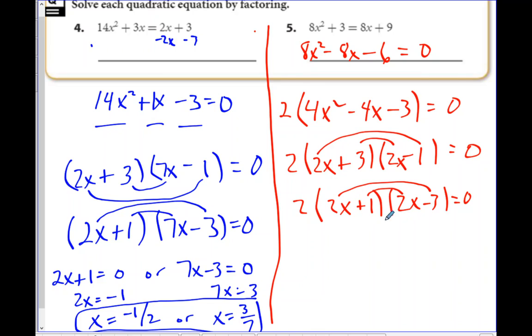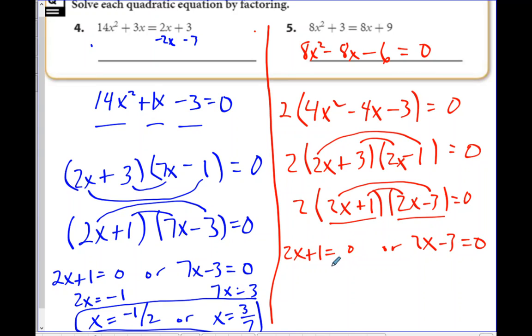Good. So to use the zero product property, in order for all of this to be equal to 0, that 2 doesn't matter out there. If this is equal to 0 or if this is equal to 0, just like before, that's going to make all of this equal to 0, which is what we want. So now you just create your two equations: 2x plus 1 equals 0, or 2x minus 3 equals 0.